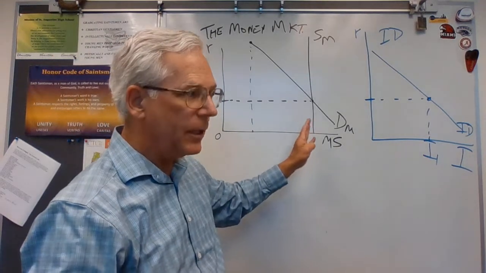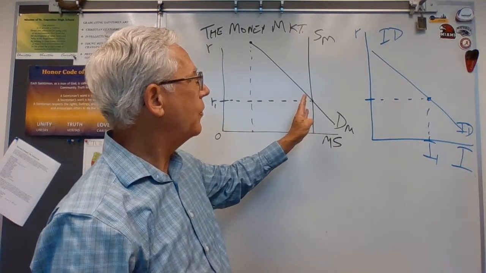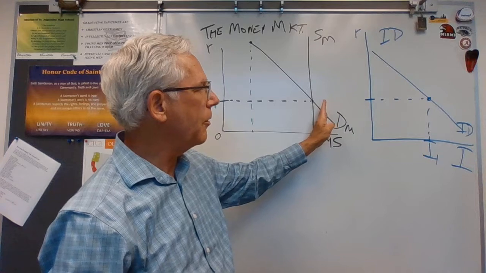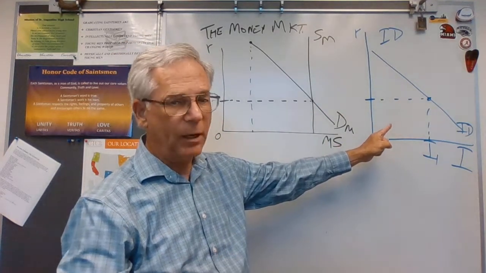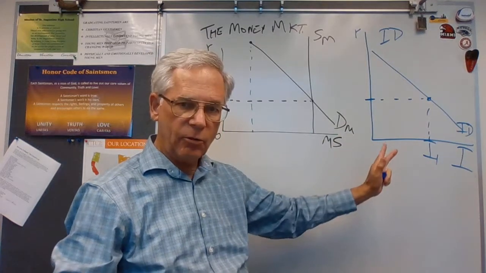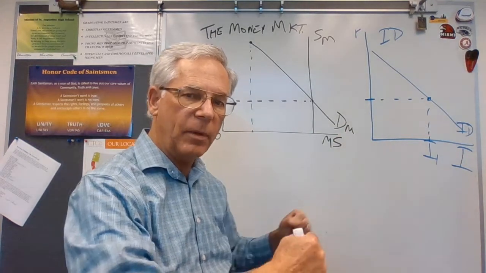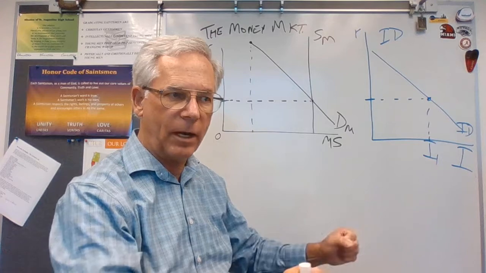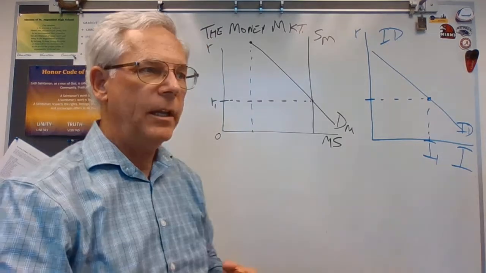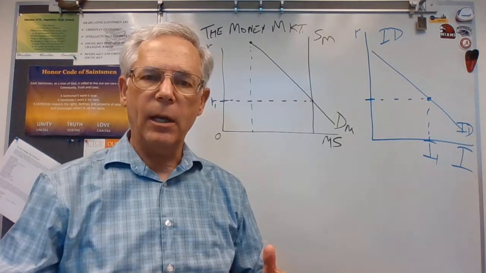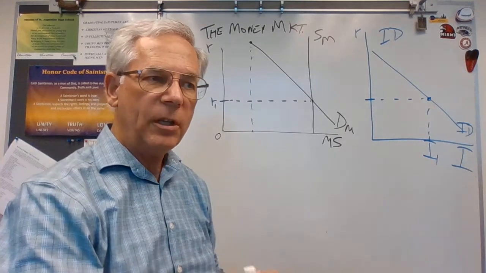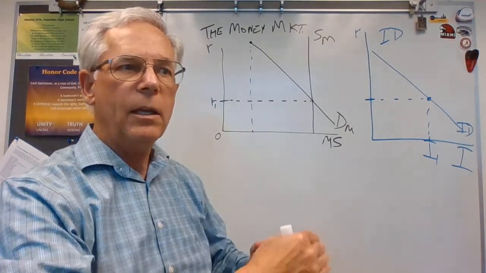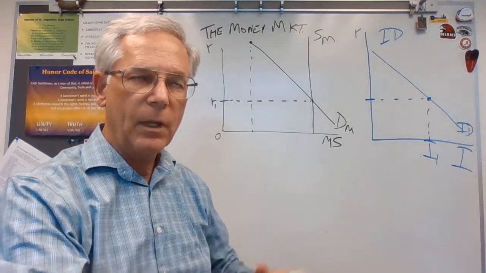So clearly, if the Fed moves the supply of money further to the right, interest rates drop, businessmen borrow and spend more money, and it increases aggregate demand, pushes aggregate demand to the right. Now, if the economy is already operating at a good equilibrium, at full employment equilibrium, then pushing the aggregate demand curve to the right is going to cause inflation.